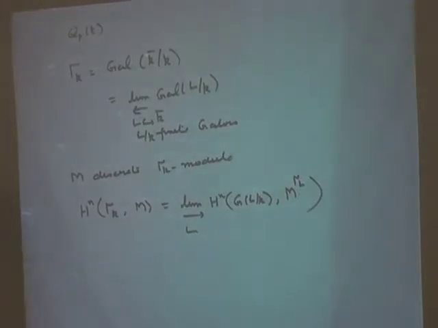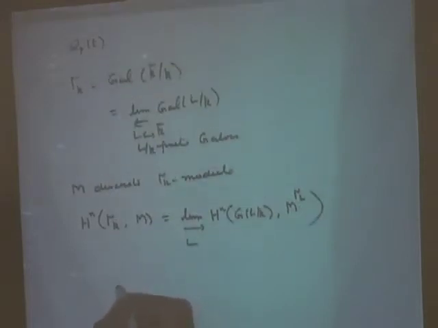This is the nth Galois cohomology of the absolute Galois group of K with values in M. Basically, any element you can just track down to the cohomology of some finite Galois extension. Okay, it just consists of various pieces living at finite levels.